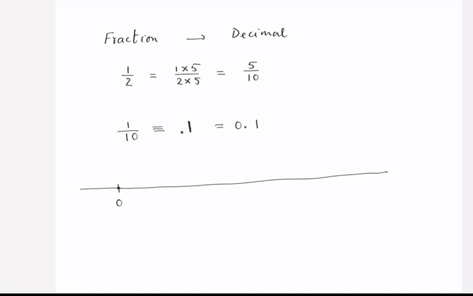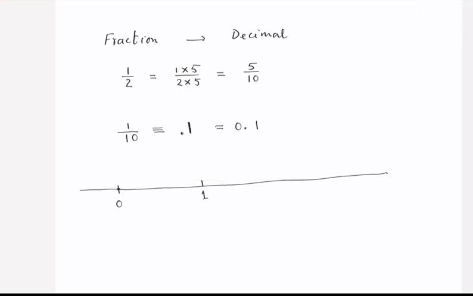Then let me mark 1 somewhere here. So this point here is number 1, and an equal distance further to the right is another point, and that again I put a marker there and write number 2.